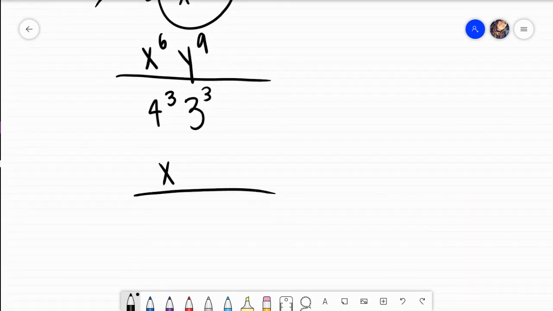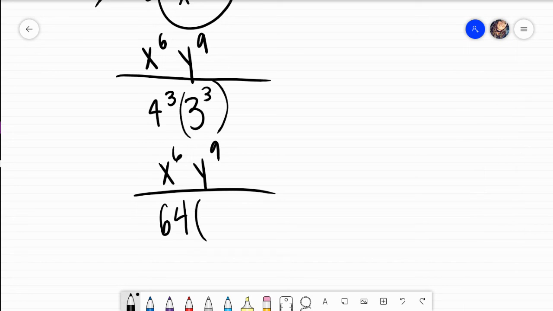X to the 6th, y to the 9th. 4 cubed is 4 times 4, 16, times 4, we get 64. These are multiplying. Whenever they're in exponential form, you don't have to put things in parentheses. When I see another large number next to this 4 with an exponent, I know that what's happening there is multiplication. 3 cubed is 3 times 3 is 9, 9 times 3 is 27.